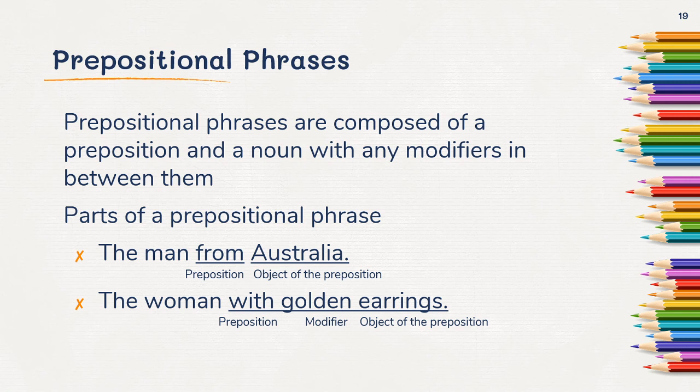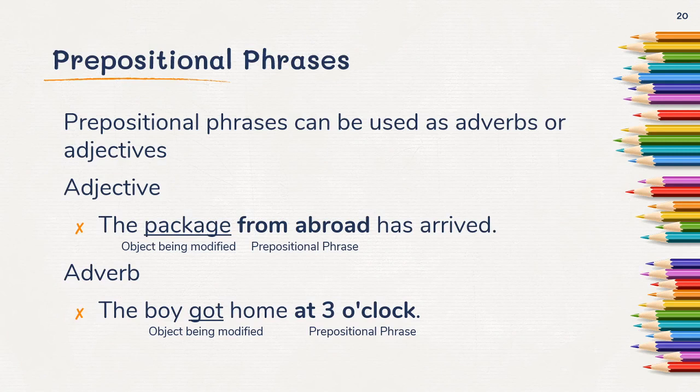Here we have the prepositions from and with, and the object of the preposition. This is what they're referring to. The man from Australia. The woman with golden earrings. Let's continue on with these examples so you get a better understanding.